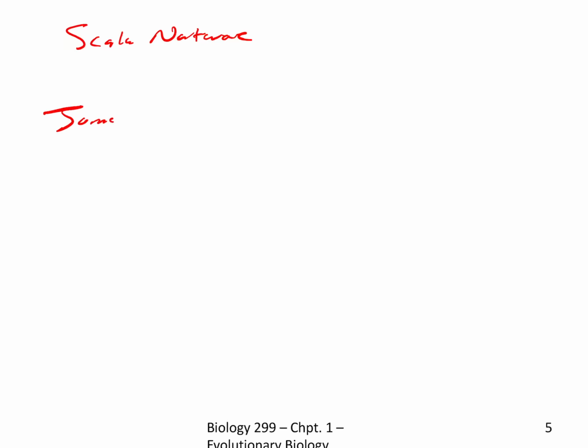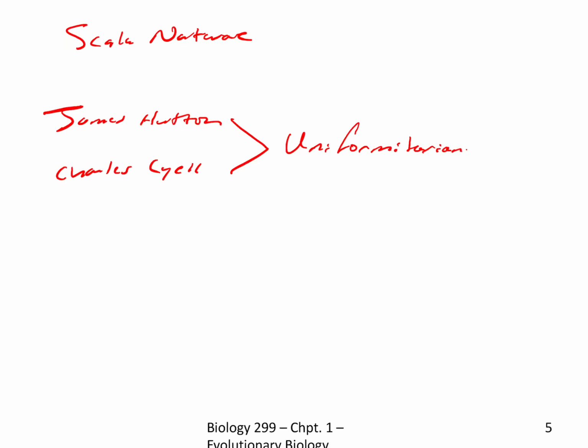There were two scientists, one named James Hutton and one named Charles Lyell. Well, James Hutton and Charles Lyell were really important for developing this idea that's known as uniformitarianism. Okay, uniformitarianism.